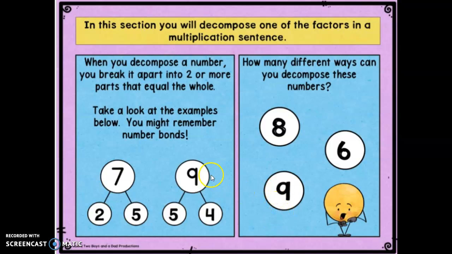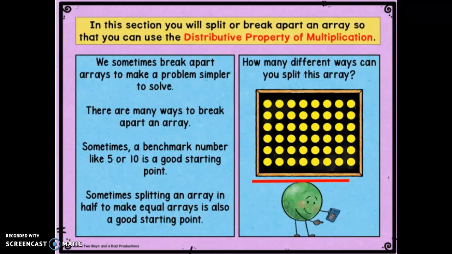So you can decompose those. You can take a picture and upload it if you want to draw the number bonds, or you can just list the different ways that you would break 8 up. But that's going to let me know that you've watched my video, and you're going to do that with 6, 8, and 9.